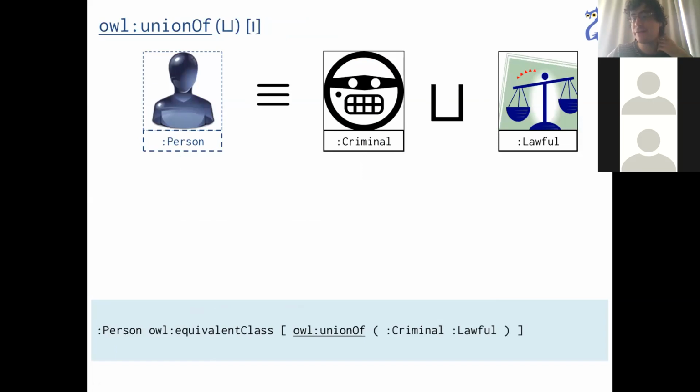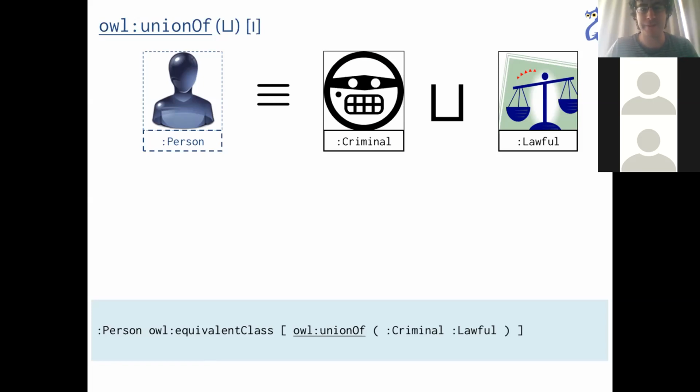So if we have intersection of, it seems obvious that we should have union of, right? So we can say that a person is equivalent to the class that is either criminal or lawful. Here we're assuming that animals can't be criminal or lawful. It's only a categorization that applies to people.